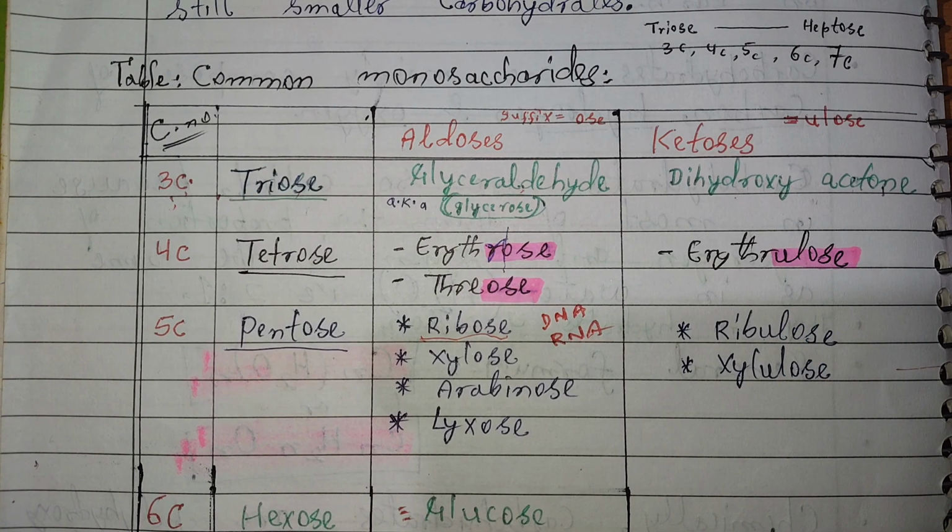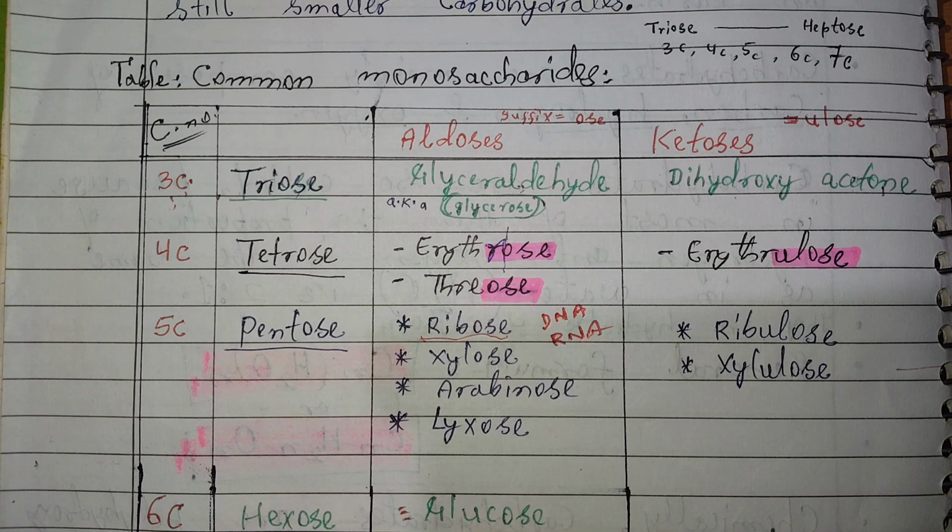Similarly, the monosaccharides made of 5 carbon atoms are referred to as pentoses. Among the aldehydic pentoses, we have ribose, xylose, arabinose, lyxose, and so on. You may be familiar with ribose.